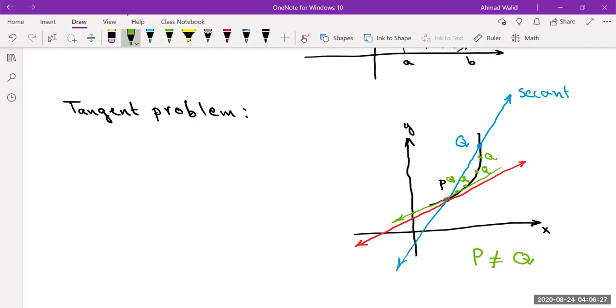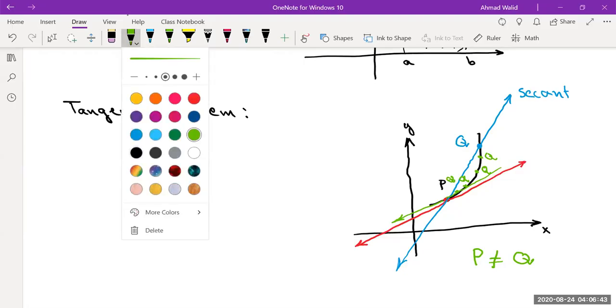You cannot bring point Q on top of point P. The reason is that you are looking for the slope of a line, and you need 2 points, not 1 point.